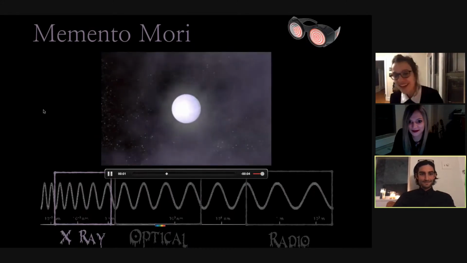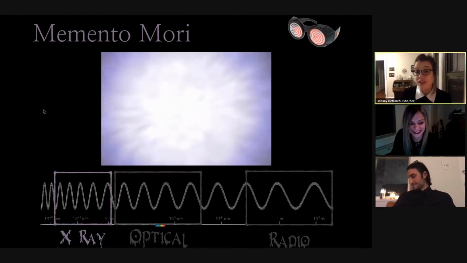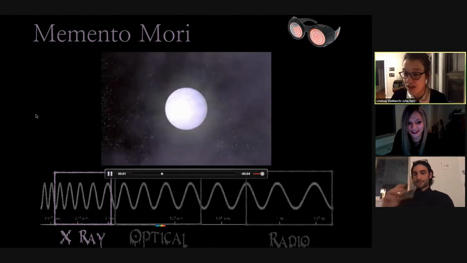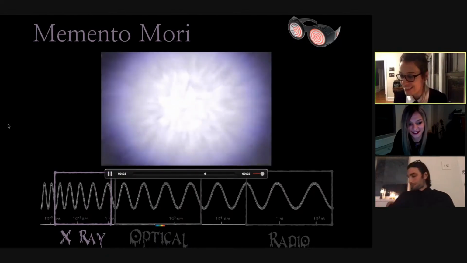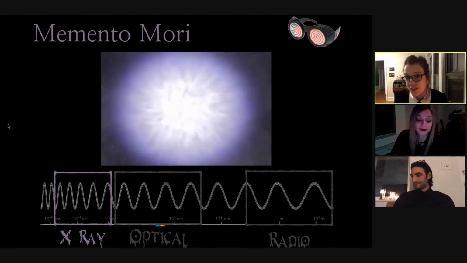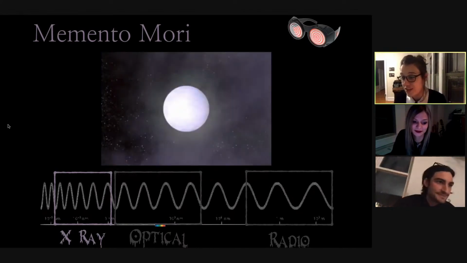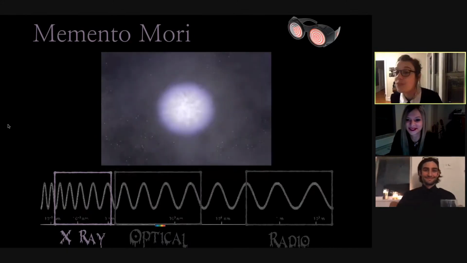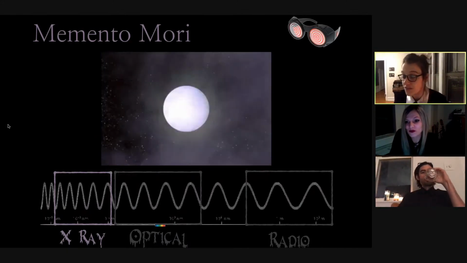Okay. So if we look at this moment again with our X-ray glasses, the moment a star erupts and a shock surges across the surrounding space like a harbinger of death, X-rays allow us to look at the most energetic moments of stellar demise.